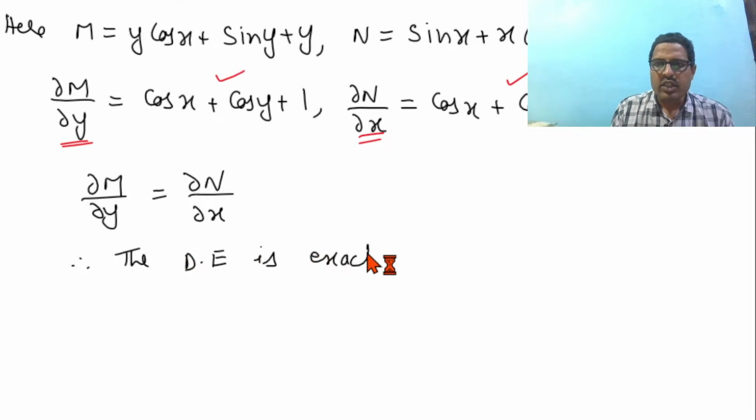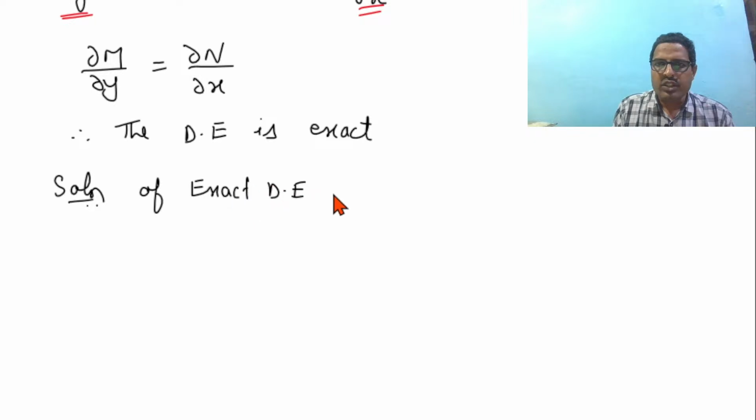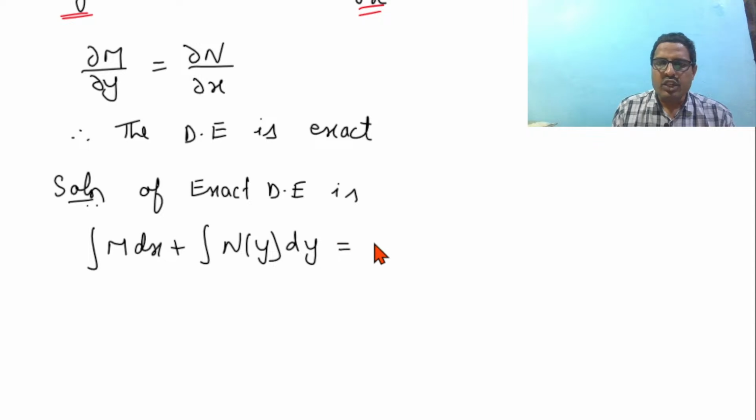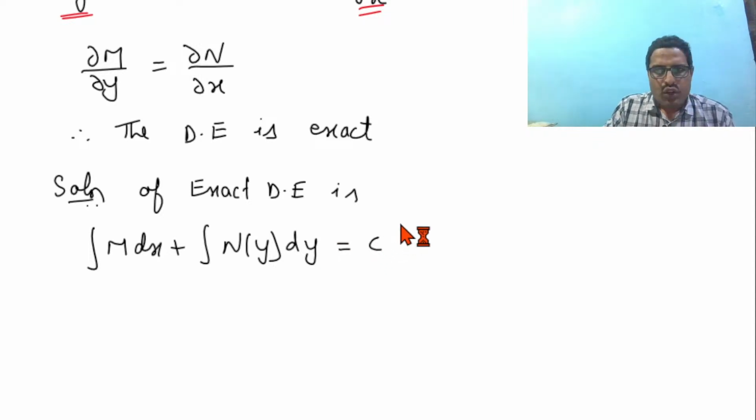So if it is an exact differential equation, then we can find the solution. Therefore, the solution of an exact differential equation is the integral of M dx plus the integral of N(y) dy is equal to some constant c, right? That is what you are having.